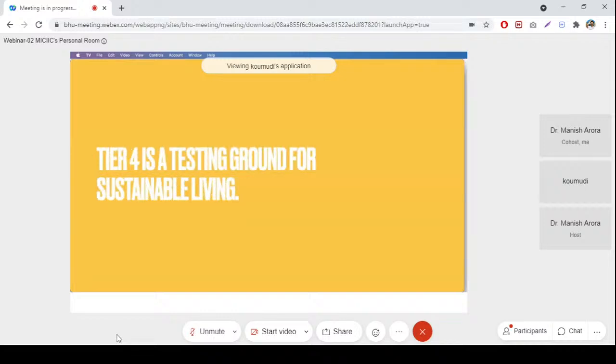Tier 4 is a testing ground for sustainable living. Many of the innovations for the bottom of the pyramid can be adapted for use in the resource and energy-intensive markets of the developed world. It is imperative, however, that managers recognize the nature of business leadership required in the Tier 4 arena.